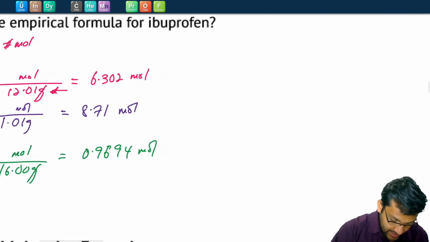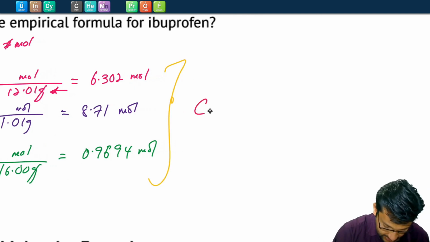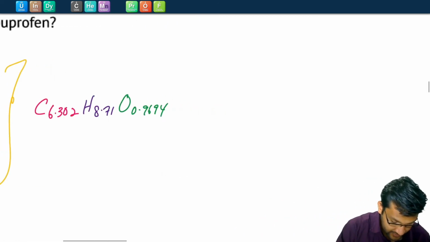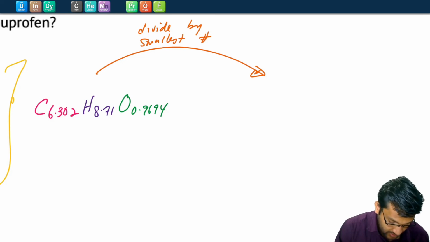All right, now that we have this, we can go ahead and write our pseudo formula. So C 6.302, H 8.71, and O 0.9694. They're not whole numbers yet, so the first step is to divide by the smallest number. The smallest number here is 0.9694.